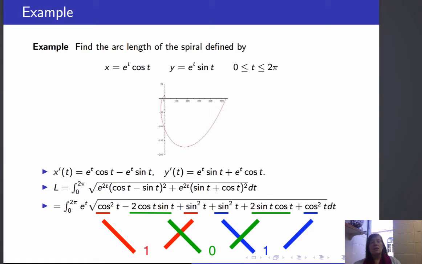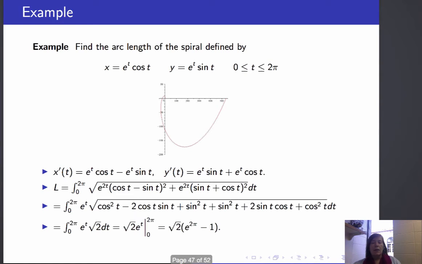And now expanding the cosine t minus sine t squared and sine t plus cosine t squared, we get that this is the integral from 0 to 2 pi of e to the t times the square root of cosine squared plus sine squared plus sine squared plus cosine squared minus 2 times cosine t sine t plus 2 times sine t cosine t. And after cancelling those middle terms and noting that sine squared plus cosine squared is equal to 1, we get that this is the integral from 0 to 2 pi of e to the t times the square root of 2.